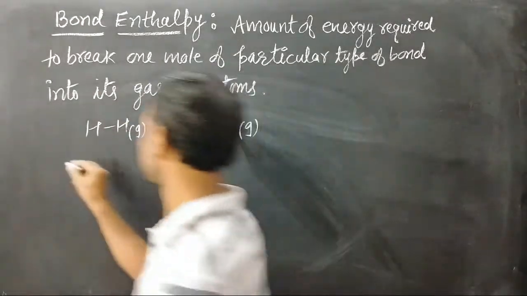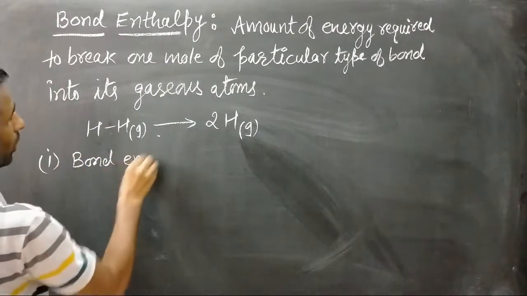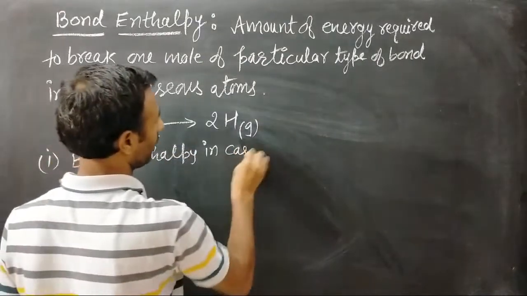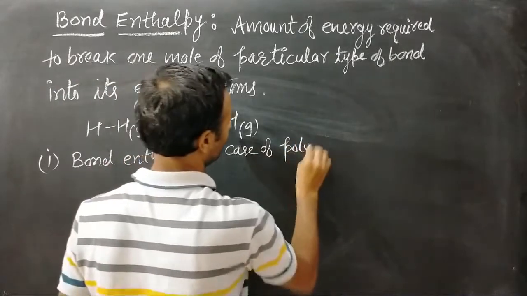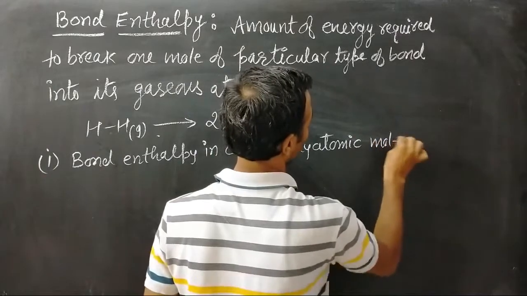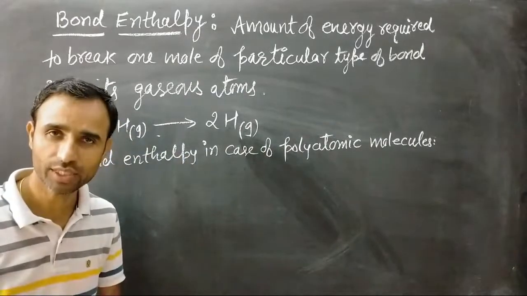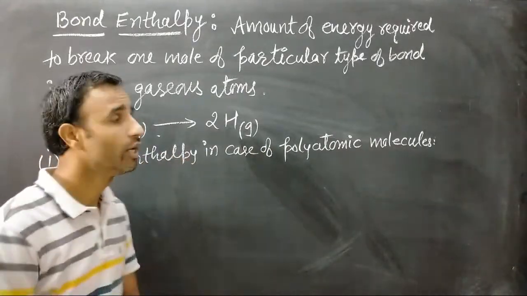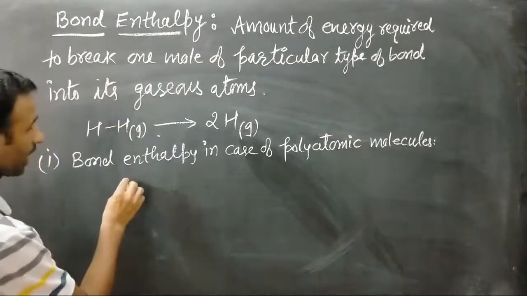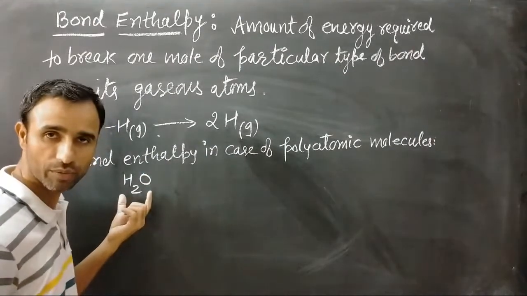In case of polyatomic molecules, say in case of a diatomic molecule it is a very simple case, but if we have polyatomic molecules, let us take the example of H2O. In H2O there are two OH bonds.